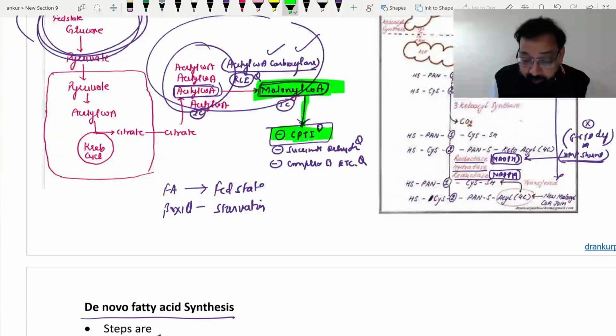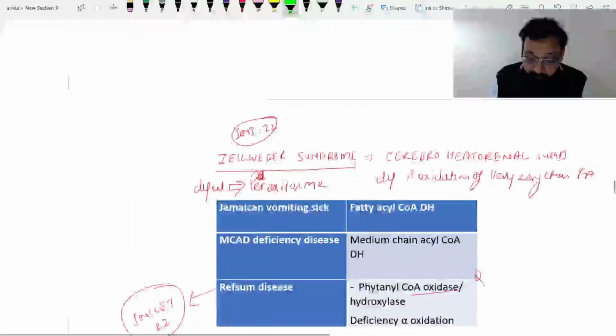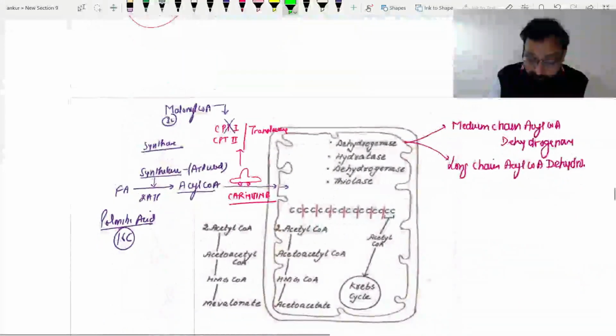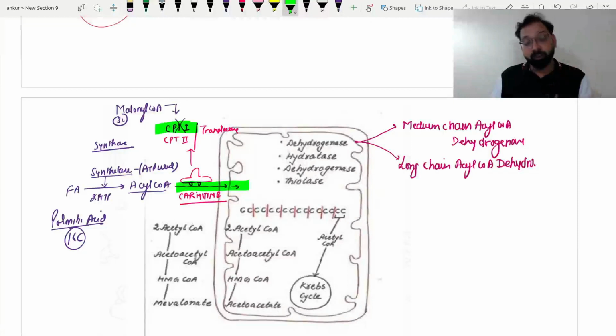This will inhibit CPT1. When CPT1 is inhibited, fatty acid will not enter the mitochondria, and beta oxidation will not occur. So question is asked: inhibition of beta oxidation of fatty acid is done by CPT1 inhibition by malonyl coenzyme A in the fed state.